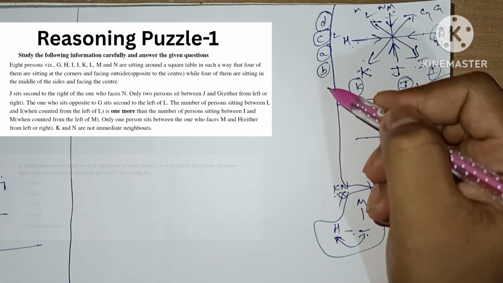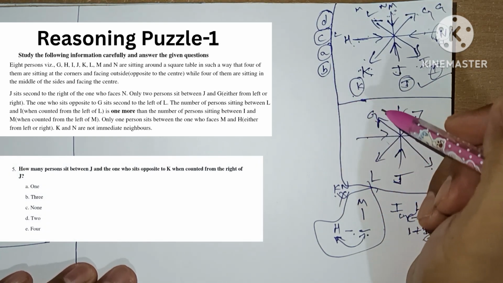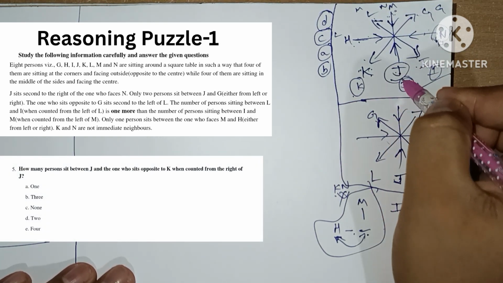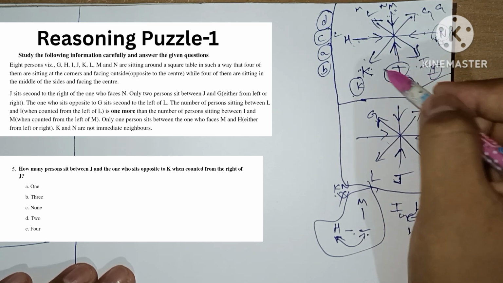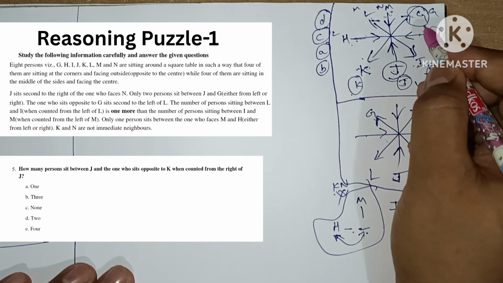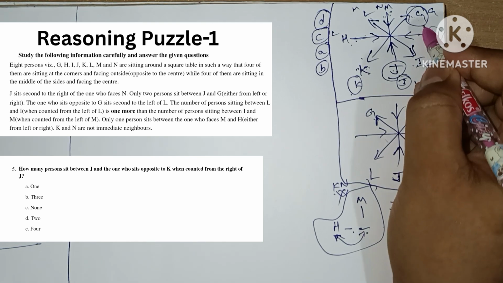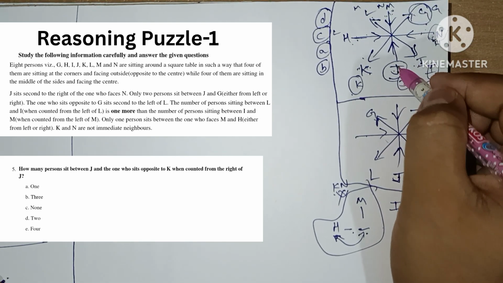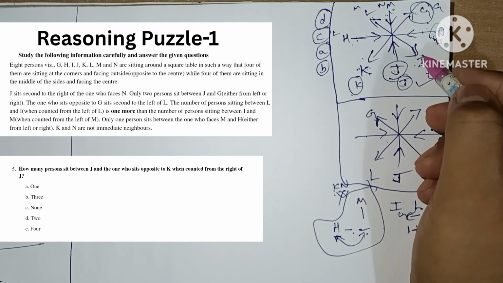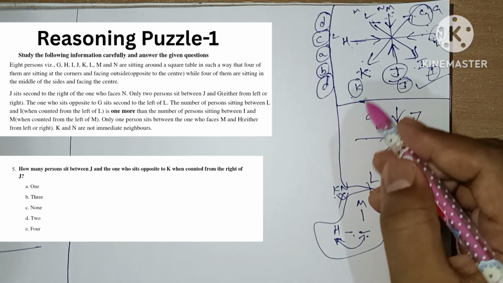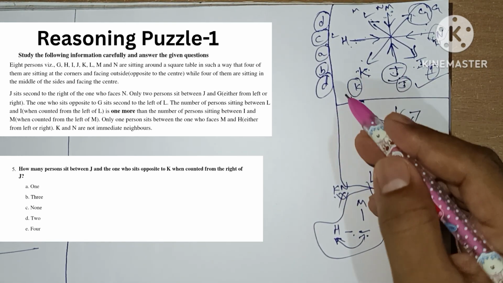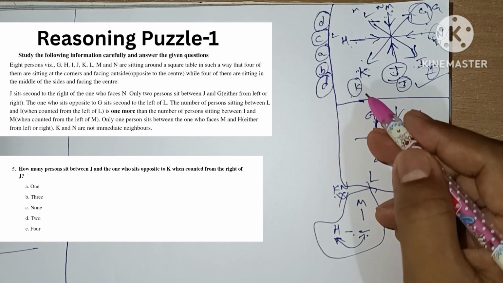Next, fifth question, how many persons between J and the one who sits opposite to K? Opposite to K, when counted from the right of J, 1, 2, so 2 people in between them. Option D is our answer. So these are the solutions and answers for our puzzle.